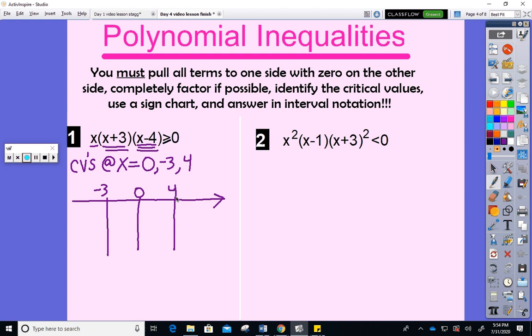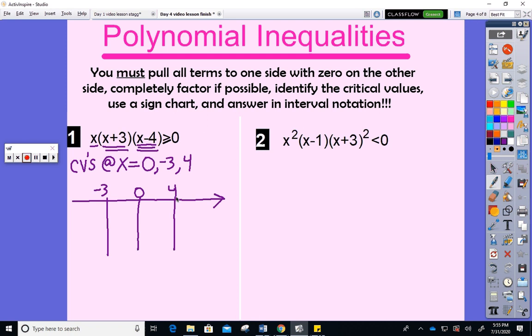So using these three critical values as dividers on your sign chart gives you 4 different sections on your number line. Please make this a chart, not just a number line. So draw the vertical dividing bars. Again, this is going to transition into calculus where there's a particular way you're going to need to show your work. So we'll practice good work habits now.